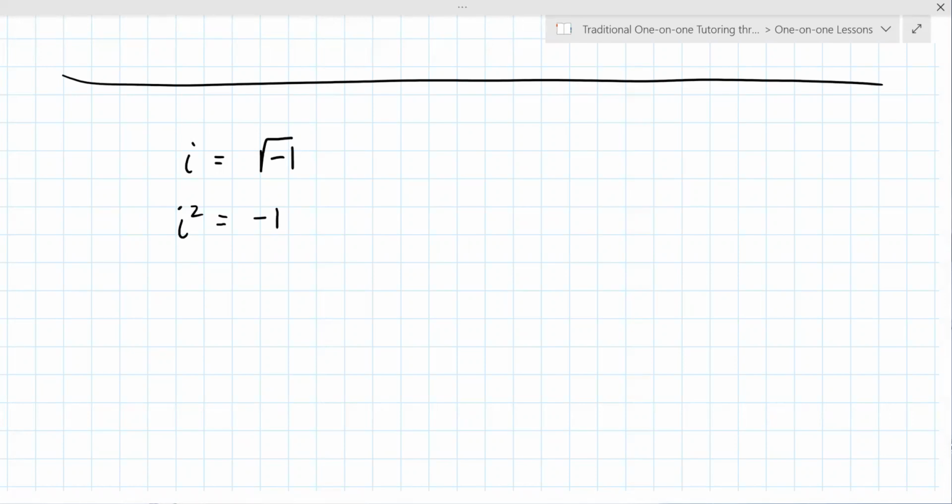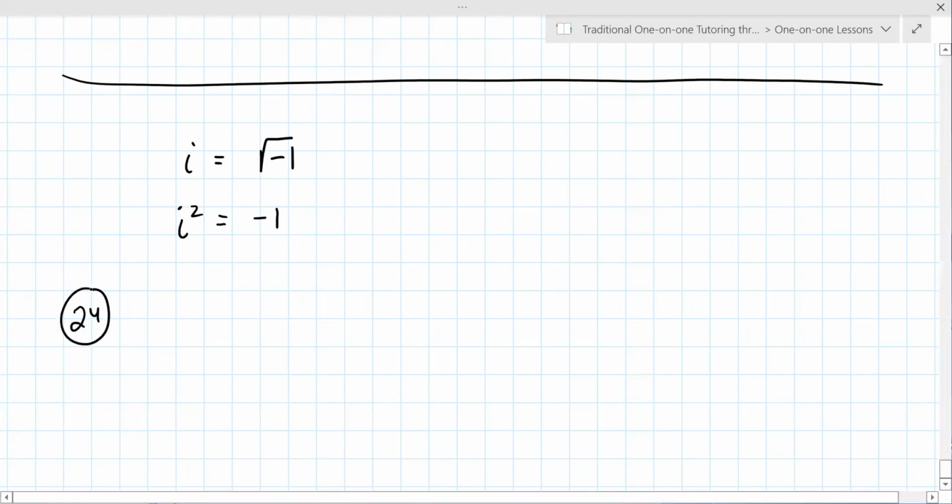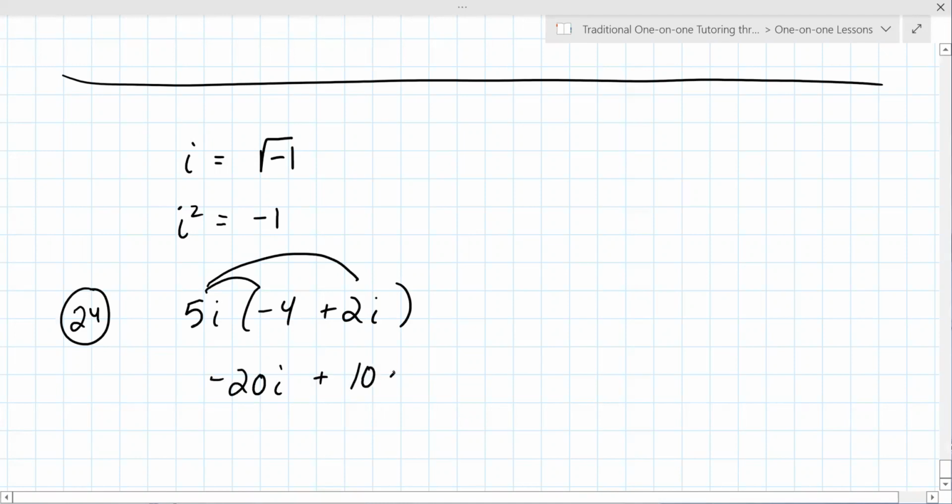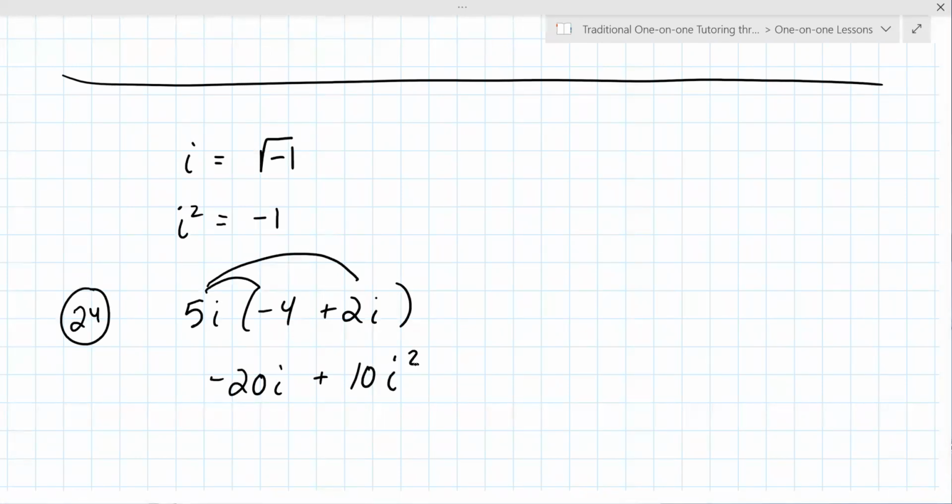For 24, I'm actually going to start handwriting these because it's taking too long to snip them. You distribute this 5i into both terms. So it's minus 20i plus 10i squared.